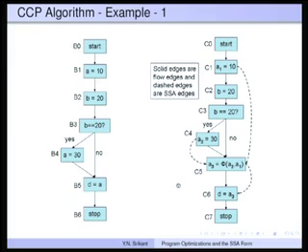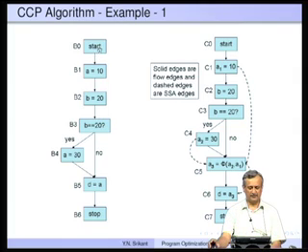So, here is the example. Here is a very simple program: start, A equal to 10, B equal to 20, then there is a test: is B equal to 20? Yes, A equal to 30; no, we go straight. After assigning A equal to 30 here, we say D equal to A and stop.